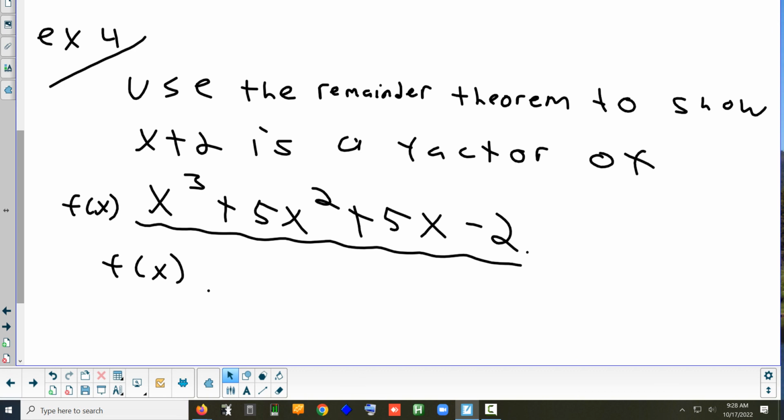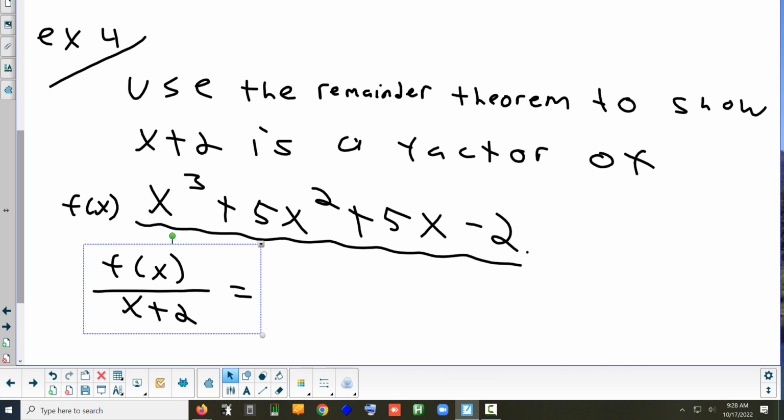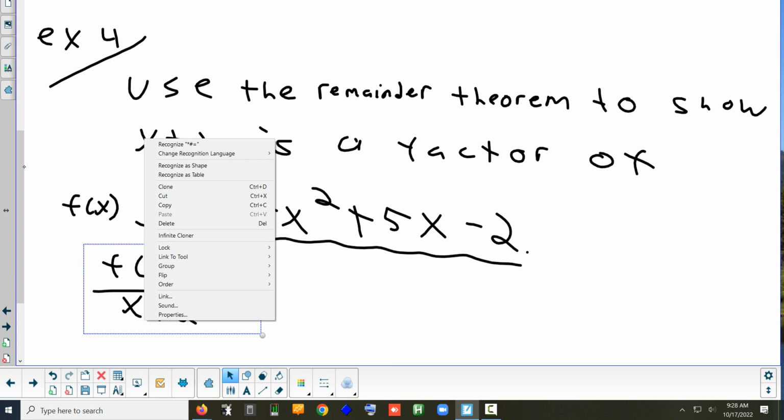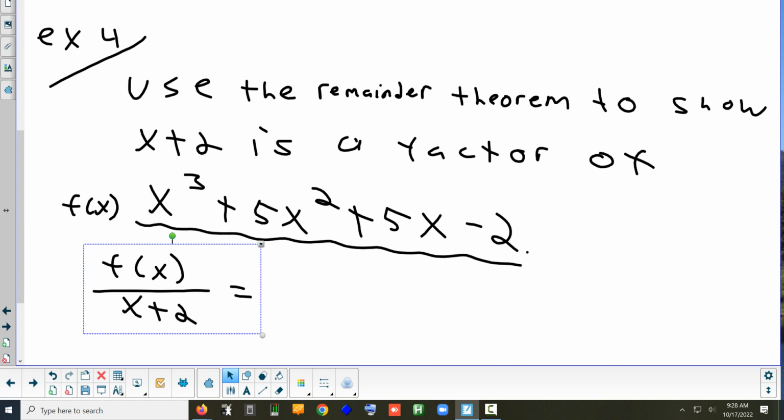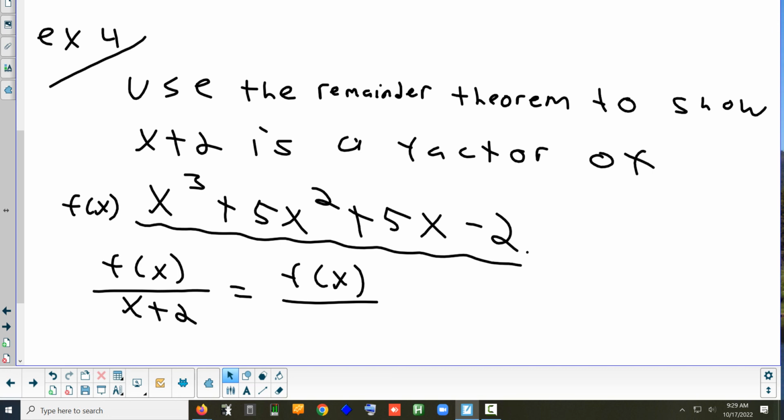So think of it like this. We need to take the number that comes after the minus sign and fill it into the top. But I don't have a minus sign in the bottom. I have a plus sign. So how am I going to think of x plus 2 so that it's x minus something?